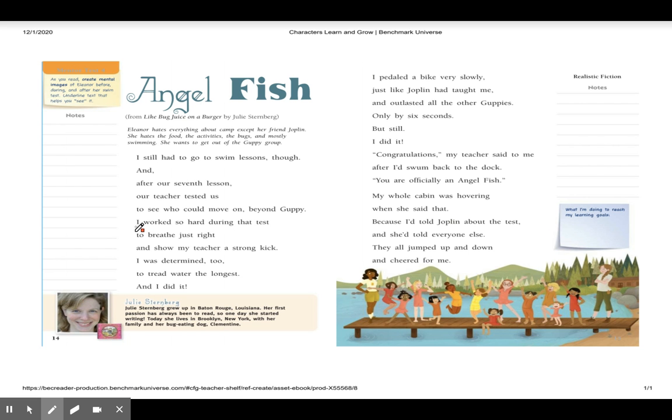I'm going to underline I worked so hard. This gives us some context of her character. I'm going to underline that she did it, and I'm going to underline our setting. So we have camp and swimming. All right, let's keep reading.